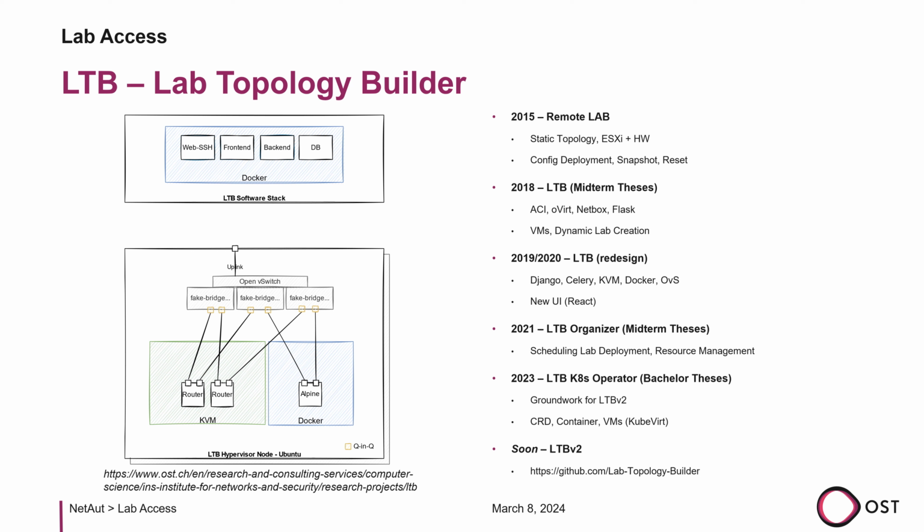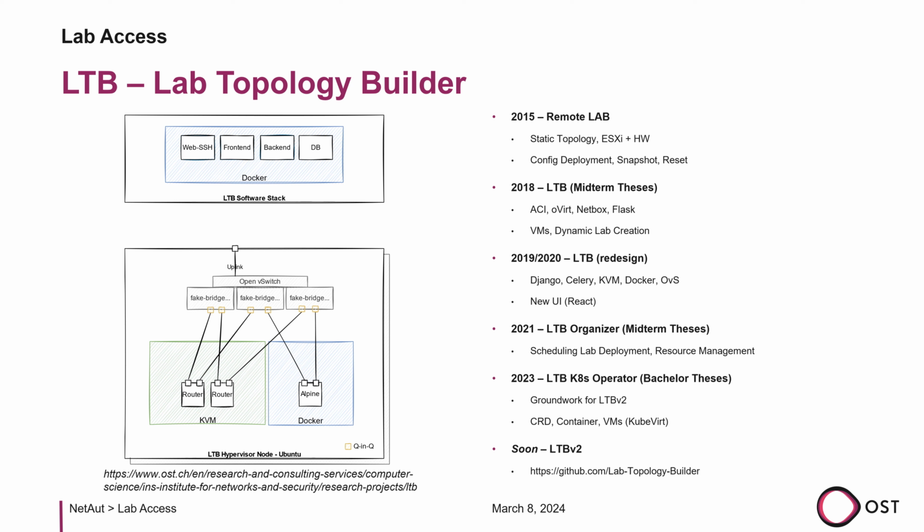It started in 2015 as a remote lab, only with some Python Django for static configuration deployment on a topology we used for our trainings. So the topology was fixed. We had, I think, 10 labs, and then we could deploy different lab stories to the devices, and there were troubleshooting labs and configuration labs with all the technologies.